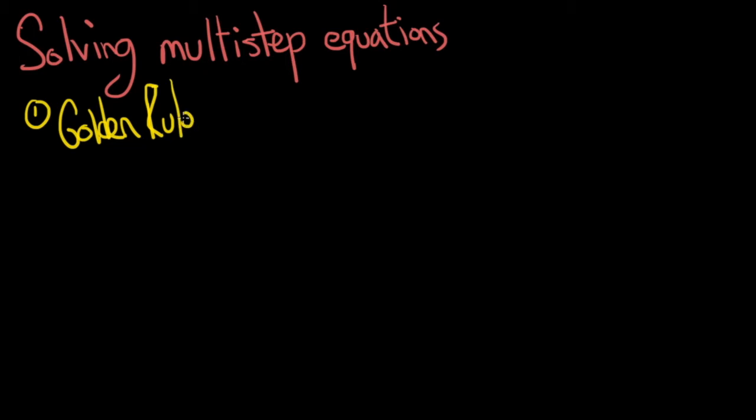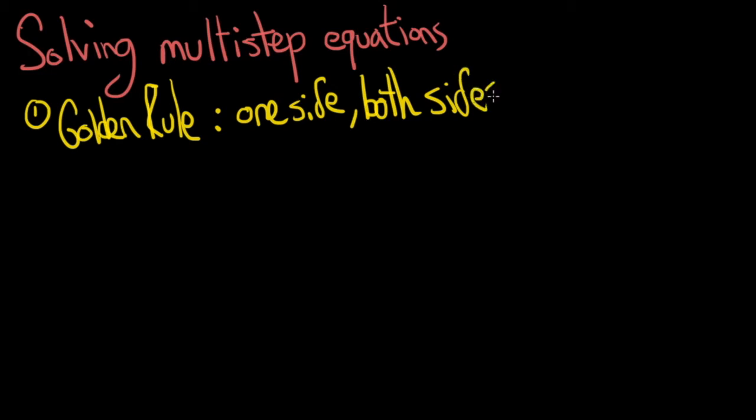That makes sense. If we could all do that, that'd be great. But for math, it's what you do to one side, you must do to the other side. One side, both sides. So it keeps balance. If I put it into a Jedi formula, it's keeping balance in the Force. So that's one thing to keep in mind.